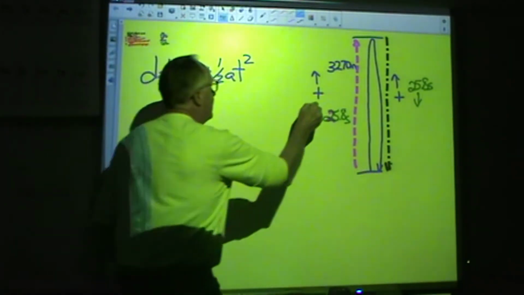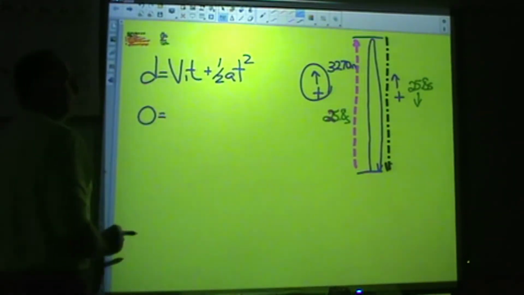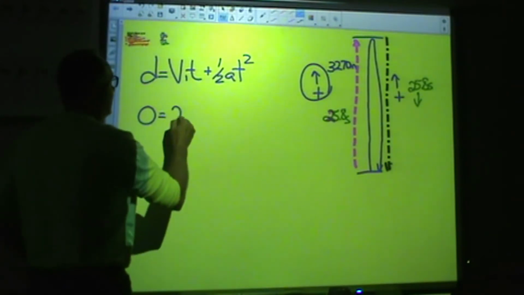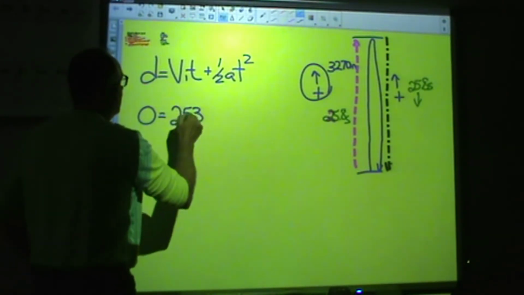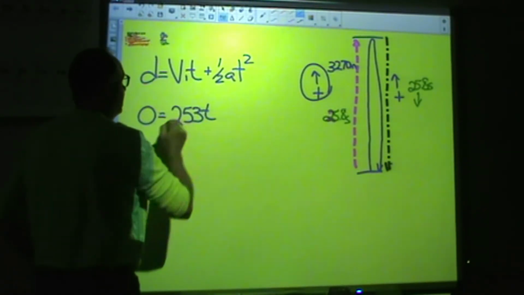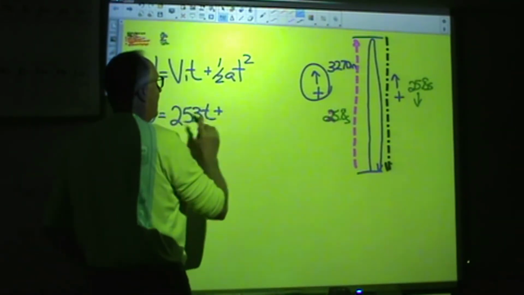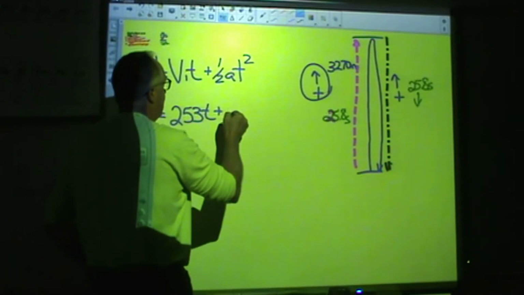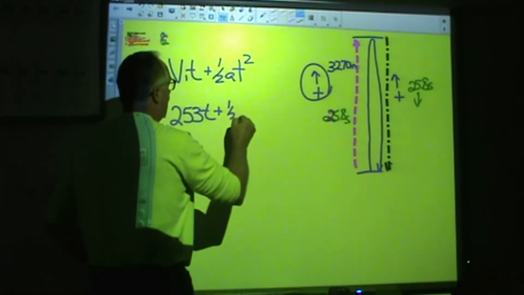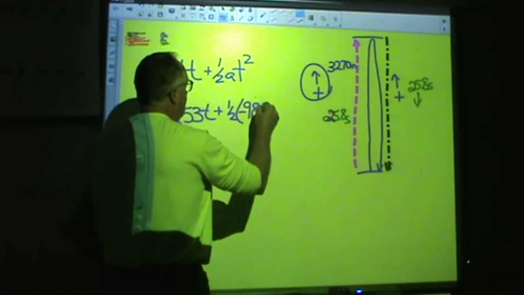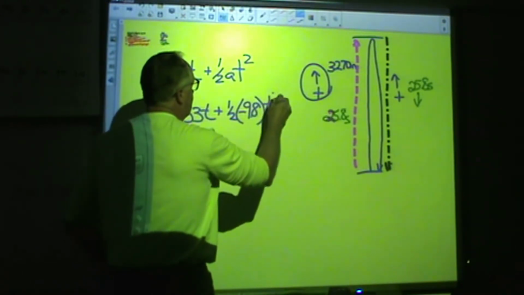Now up is positive, so v1 is 253t plus 1/2 of a, which will be, well, I'll just write it out, 1/2 times negative 9.8 times t squared.